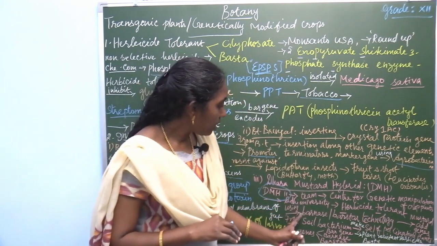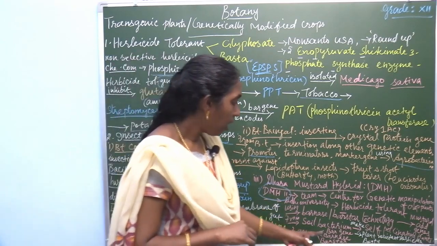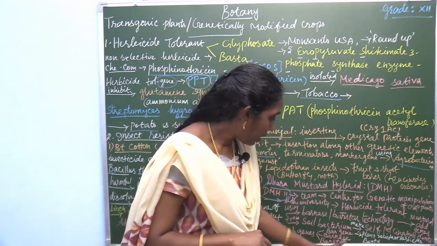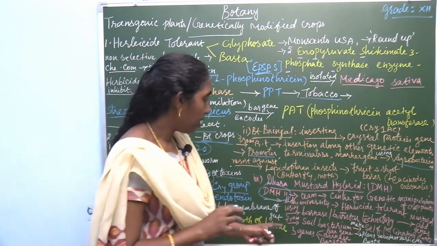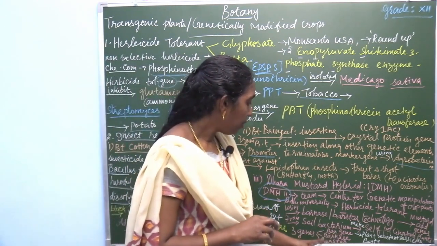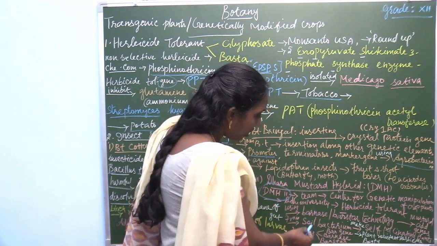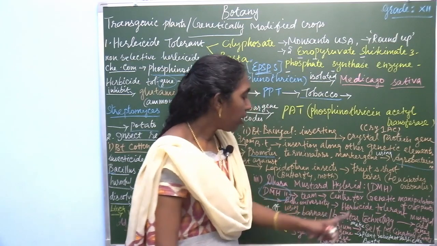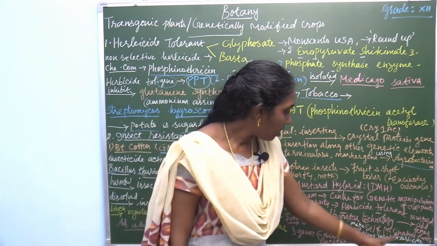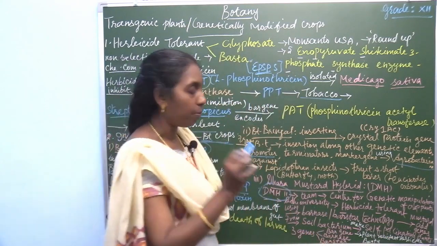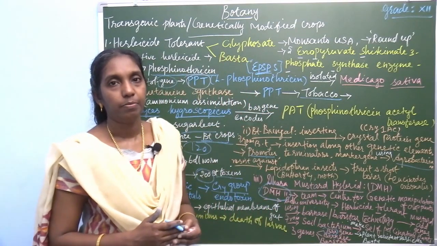Barnase-Barstar contains three different genes: the Bar gene, Barnase gene and Barstar gene. The Bar gene is tolerant against Basta, you remember this Bar, tolerant against Basta.